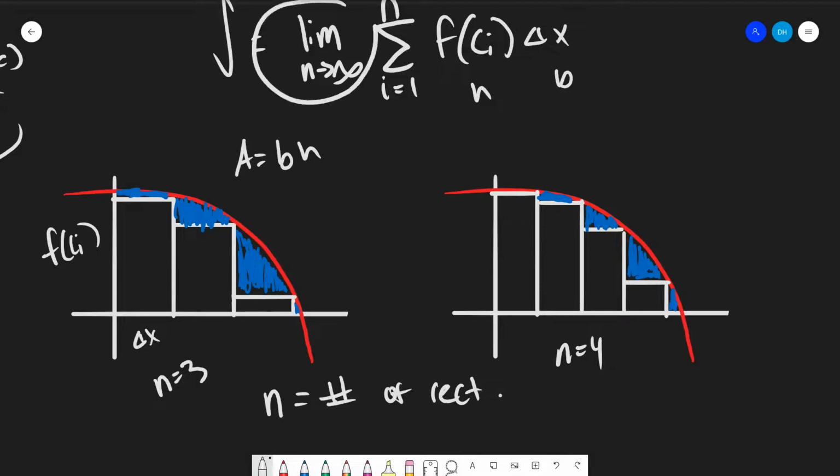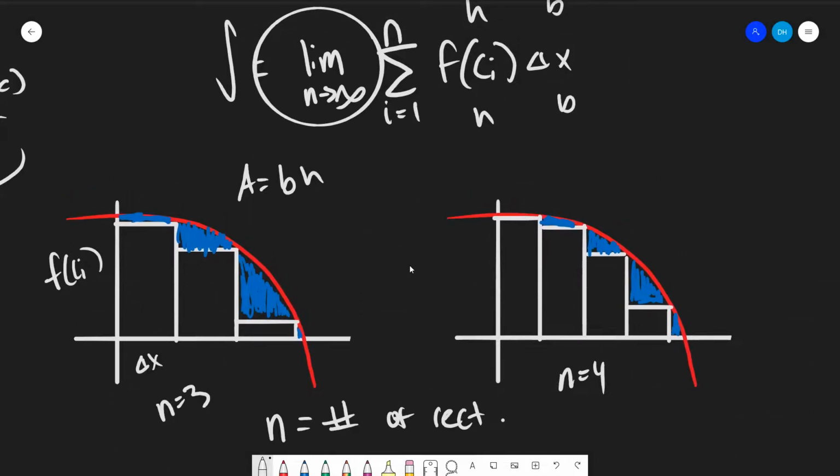And that's what our limit as n approaches infinity represents. As the number of rectangles increases towards infinity, that blue shaded area becomes less and less until we have an answer that's really close to the actual area underneath the curve.